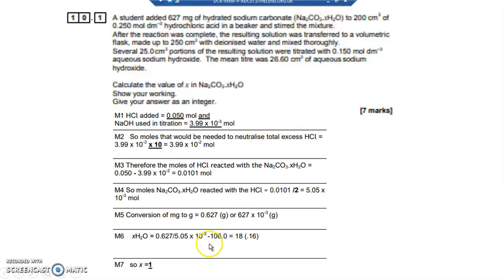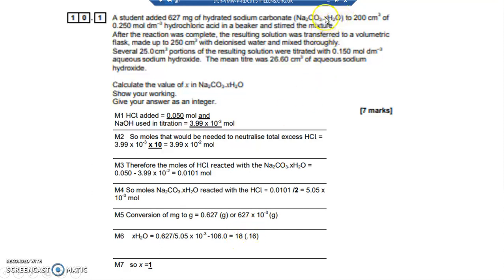XH2O. If from that I subtract 106, that's the mass of 2 Na's at 23 each, 1 C at 12, and 3 O's at 16 each. It tells me how much of the mass is the XH2O. So if I take away 106, it comes out as 18. Now the Mr of water is 2 H's, 2 1's, and a 16, which is 18.